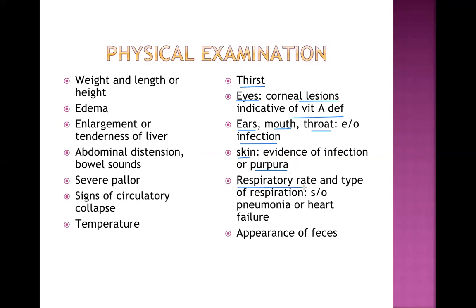Examine the respiratory rate and the type of respiration, suggestive of pneumonia or heart failure. Both are very common in a severely malnourished child. So respiratory rate is high in both these conditions. Now in the last class, if you remember, I clearly told you there are three important respiratory rates which you should never forget.